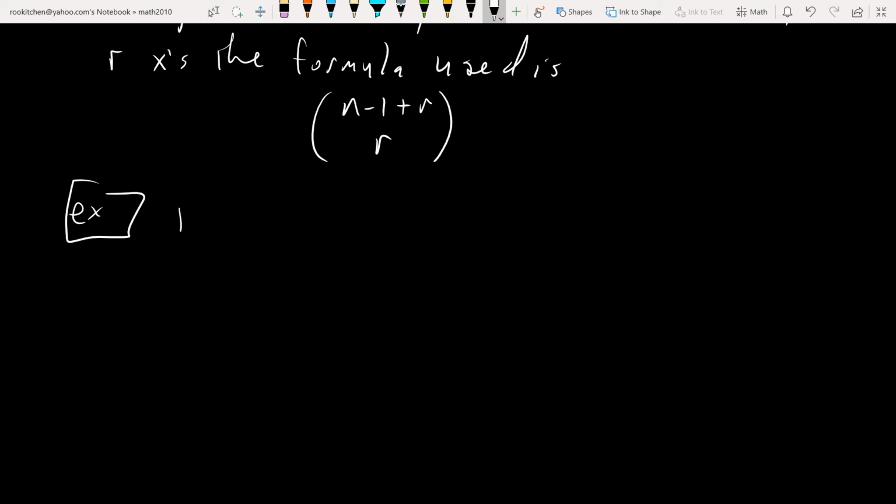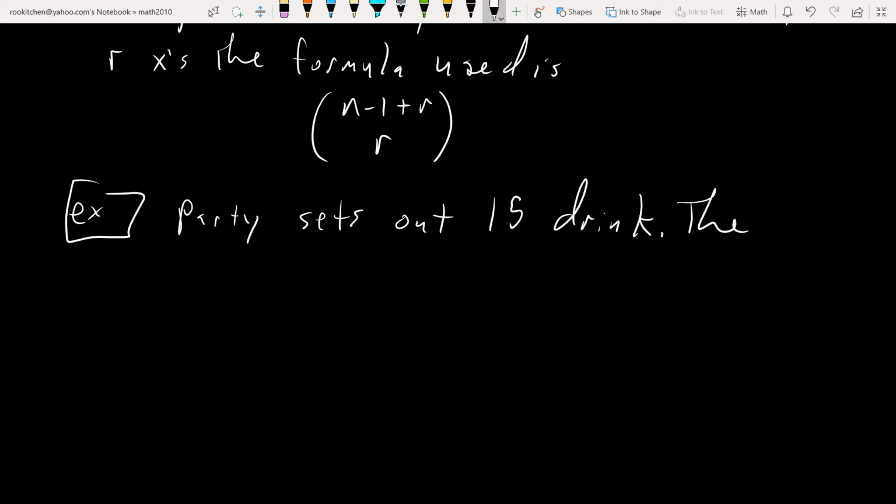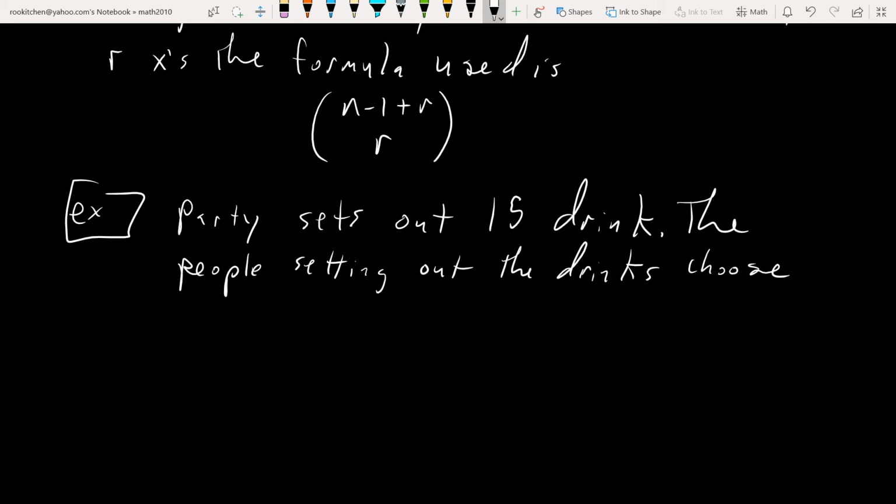Okay, so a party sets out 15 drinks, right? The people setting out the drinks choose from 5 different brands.